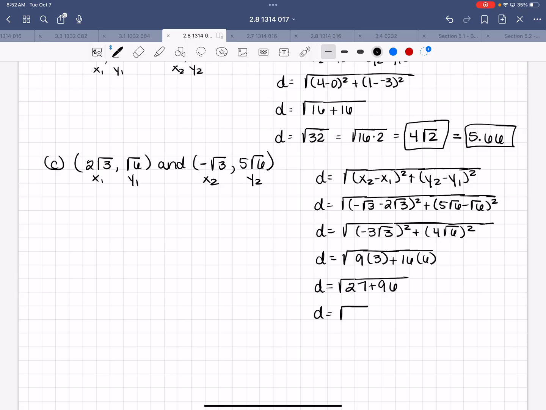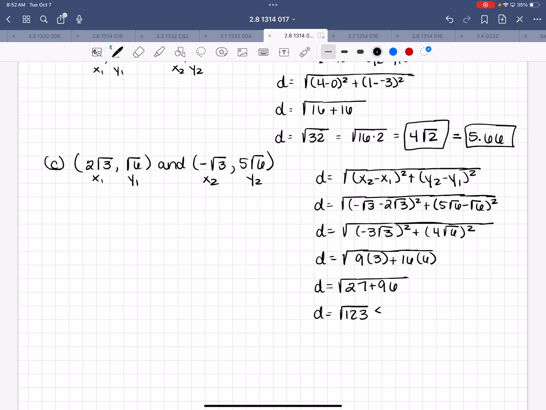That's going to give me the square root of 123, I believe. This is where we go, could a perfect square go in there? I start out thinking about what's going to divide into 123. 2 won't because it's not even, but 3 will.